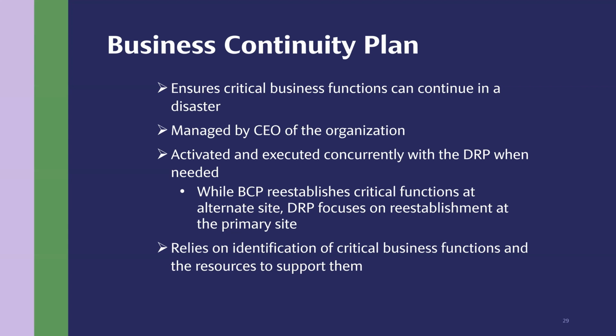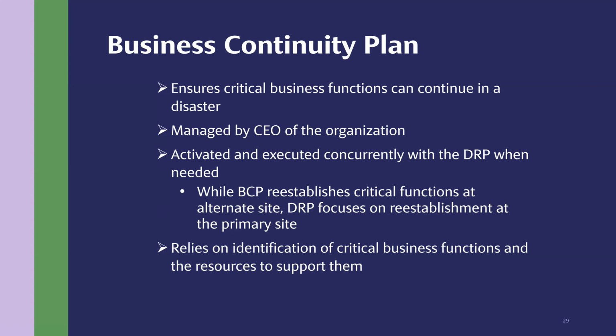It ensures critical business functions can still continue in a disaster, and it is managed by the CEO of the organization. On the other hand, the DRP is managed by the CISO, and the incident response plan, IRP, is managed by the technicians of the organization. The BCP can be activated and executed concurrently with the DRP when needed.